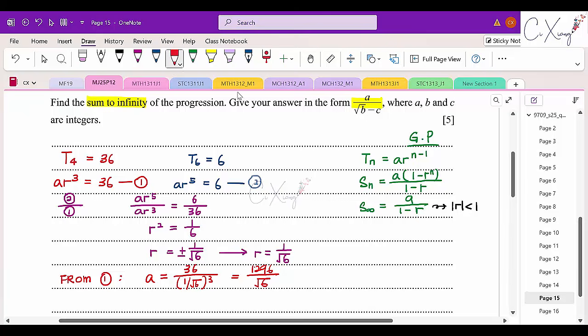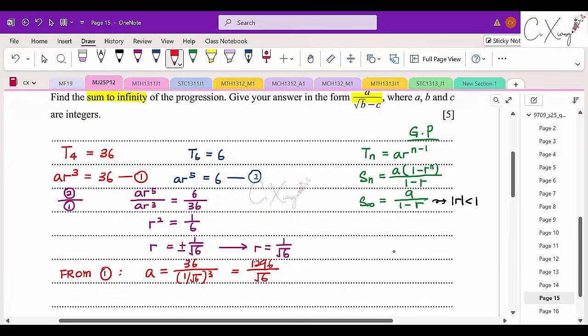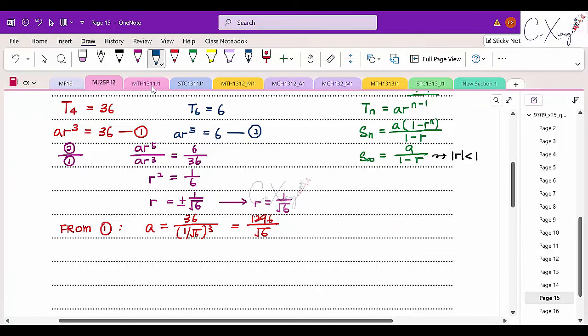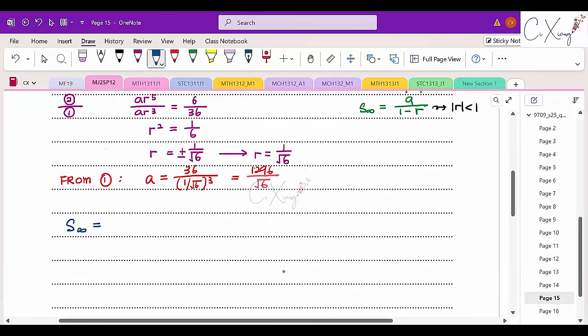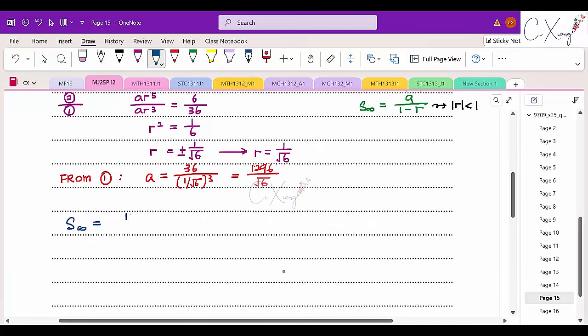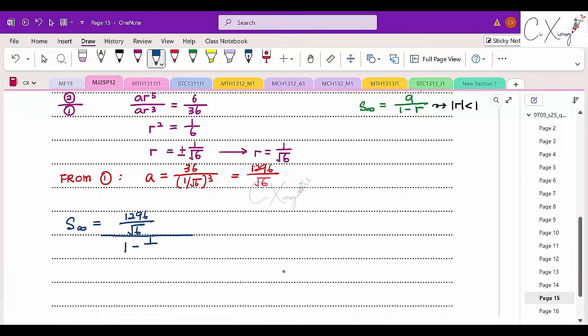Now let us proceed to find the sum of infinity, or sum to infinity. To get the sum to infinity, the general formula is a divided by 1 - r. What is a here? My a is this one. What is r? Basically the denominator is 1 minus 1 over square root 6. What's very troublesome here is the square root 6 in the denominator. I need to rationalize it, or get rid of the square root 6.